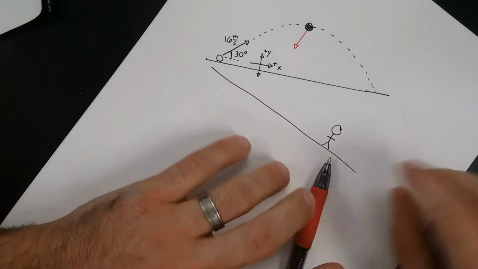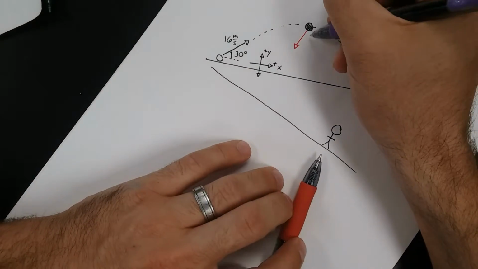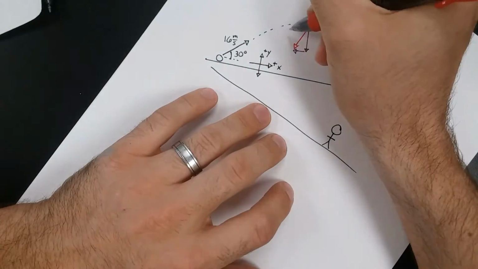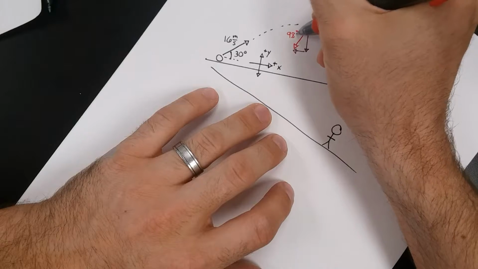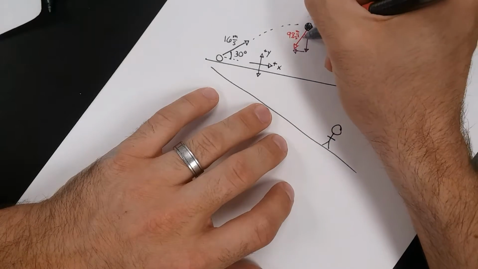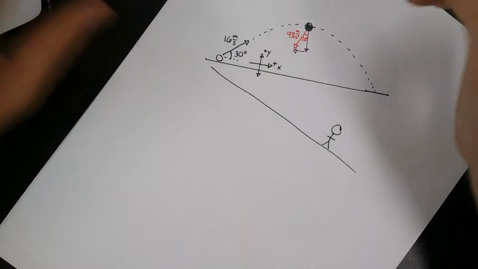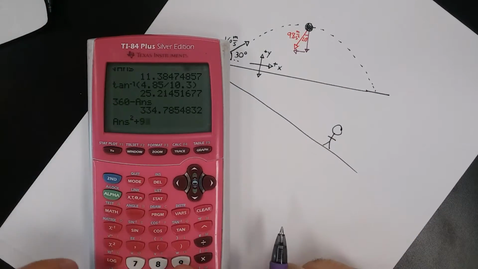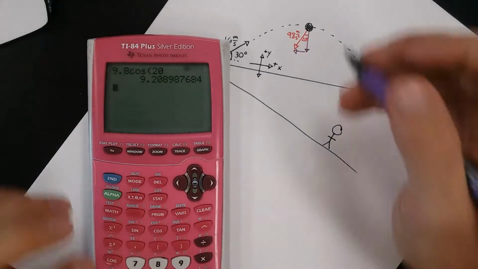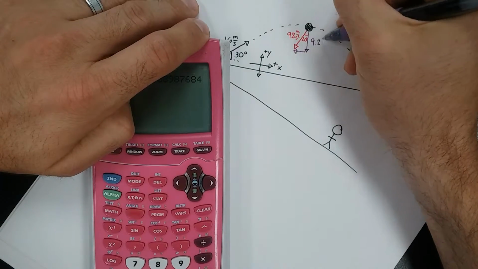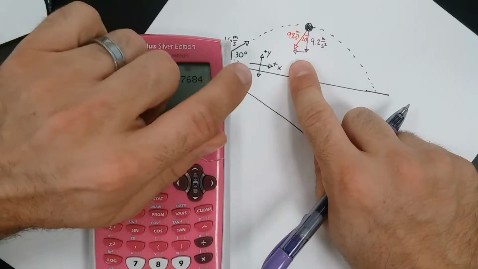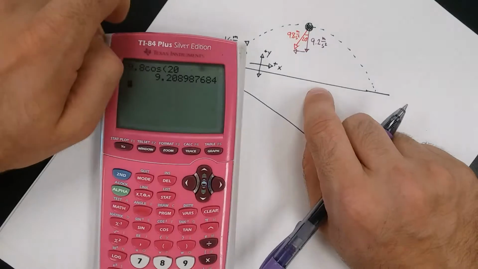But in our reference frame, x and y are what I'm going to want to split that acceleration into. So this 9.8 meters per second squared has been tilted 20 degrees back. So our vertical acceleration is now 9.2 meters per second squared, and we actually have an acceleration that's kind of pulling this back.